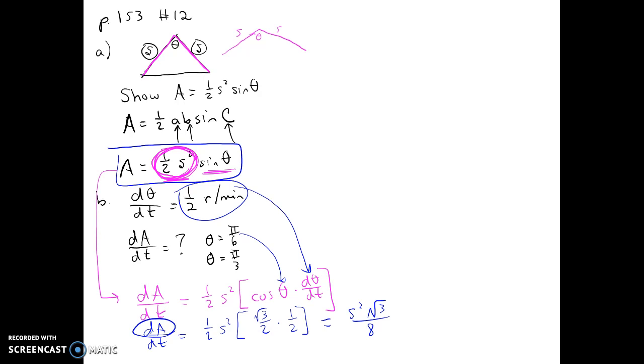We don't have units for the side, so we would just have to say square units per minute. And then you could do the same thing with the pi over 3.